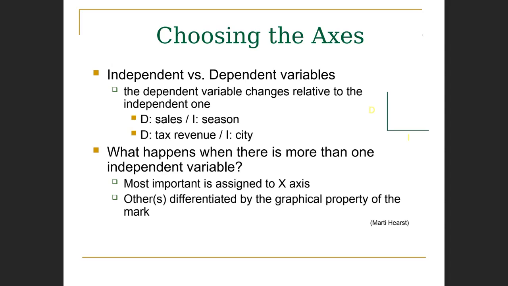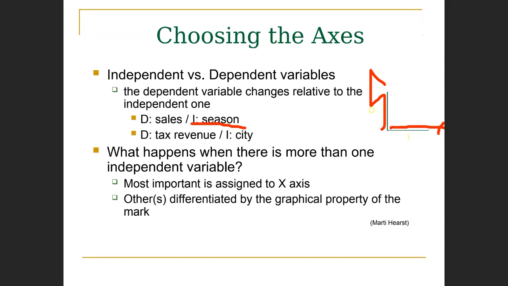Choosing the axis: most of the time your independent variable is going to go on the x-axis. So for sales by season, the season is going to be on the x, and the sales are going to go on the y.